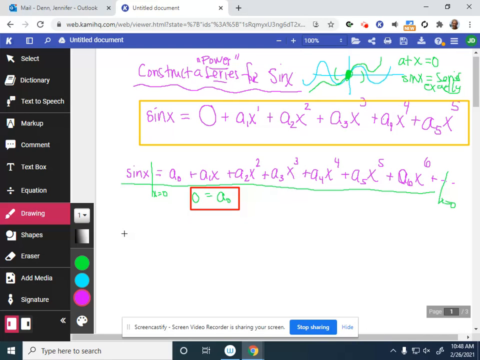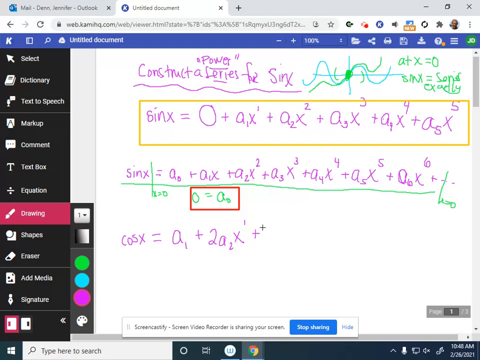So the derivative of sine is cosine, and that's going to equal the derivative of this side. So let's take the derivative. The derivative of a sub 0, which is just a constant, is 0. The derivative of a constant times x is just the constant. The derivative of this is going to be 2 times a sub 2, x to the first.